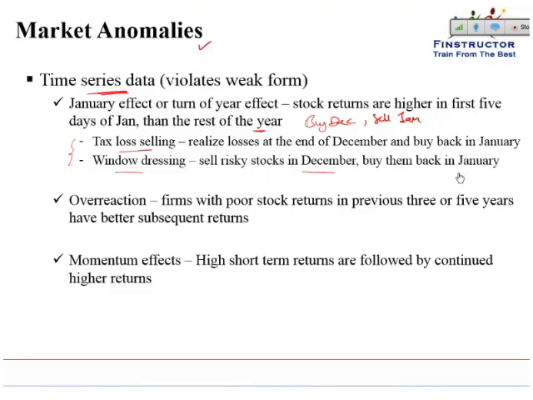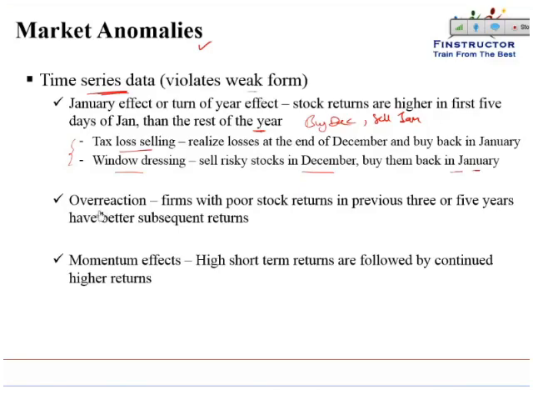However, they buy them back in January because they expect higher returns. So this may be one of the reasons why prices are lower in December, or returns are higher in the first 5 days of January. If this actually exists for a long period of time, then it means that analyzing past price data does give us excess return, hence it violates market efficiency.